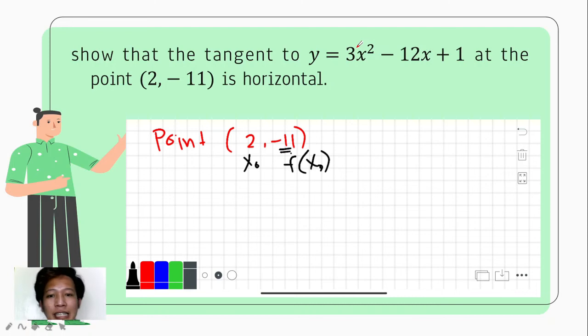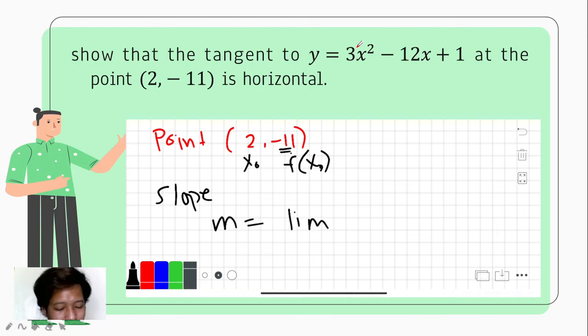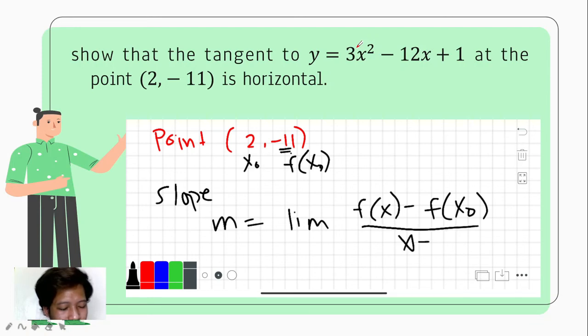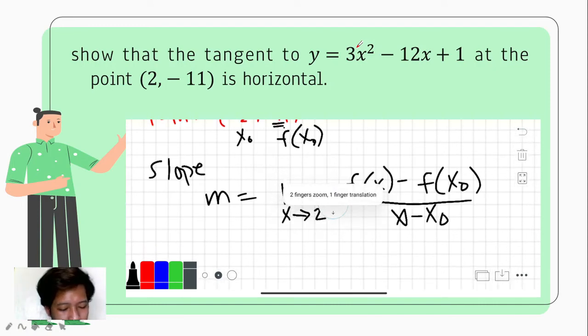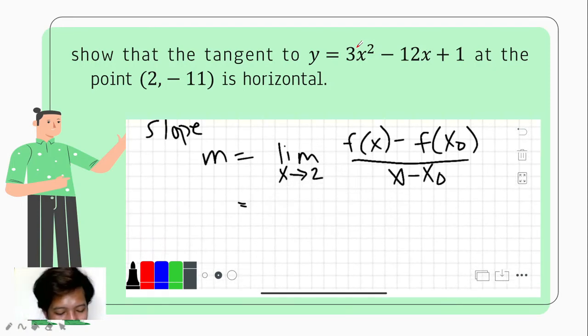So, we are now ready to get first the slope. The slope is equal to the limit of f of x minus f of x sub 0 over x minus x sub 0 as x approaches to what? That is 2.